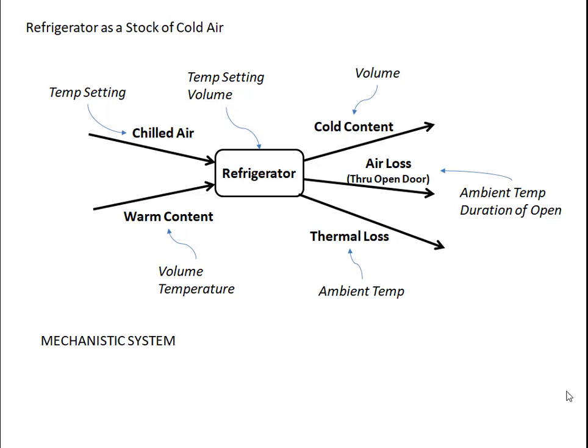We can model the mechanistic systems of stocking the cold air, but ultimately whether this mechanistic system function is put to good use or not isn't a question of the mechanistic system itself. It's a question of the societal system within which it is embedded. So most mechanistic systems we're interested in as systems engineers actually provide their function to the social system, and it's usually the societal system that we're more interested in.